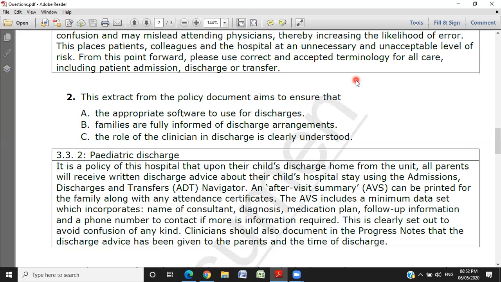Type your answers in the chat box so that we get to know. You have 20 more seconds. So that's time up.